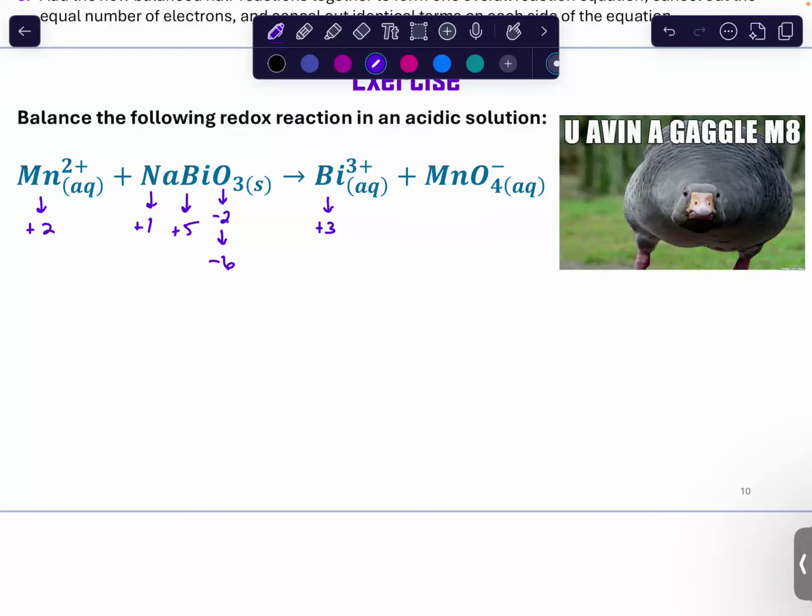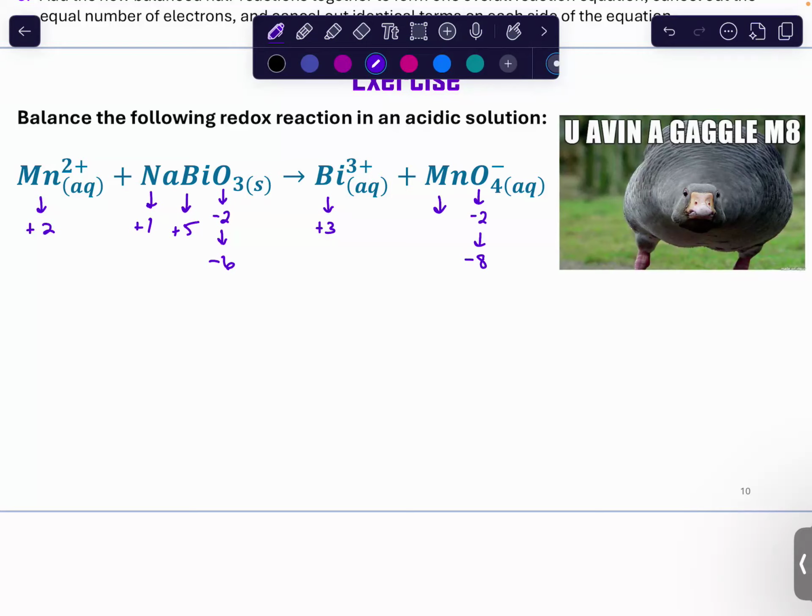Let's look at MnO4-. What's the name of that? It's one of your oxoanion families. MnO4. That is the permanganate ion. Yep. So each oxygen is a -2. 4 of them in total gives a -8.